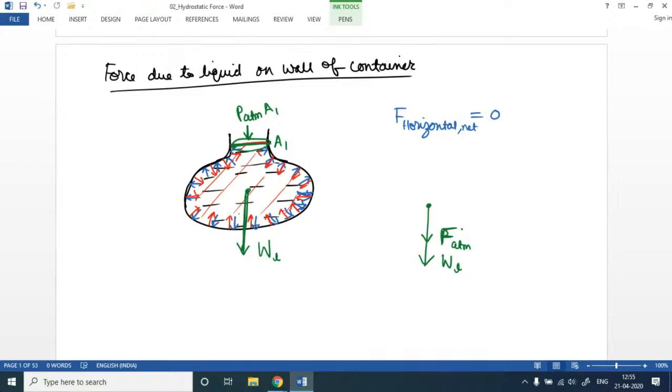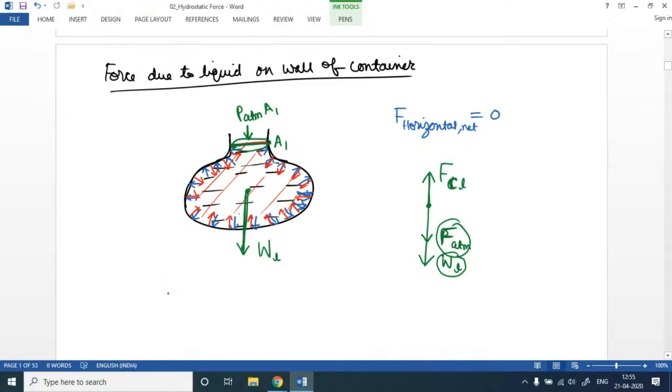That would be simply just by looking at the direction of this. So the net force exerted by the container on the liquid is going to be in vertically upward direction.